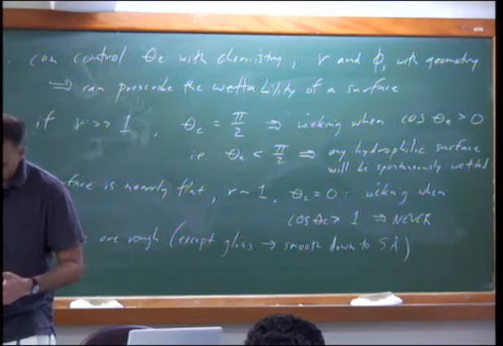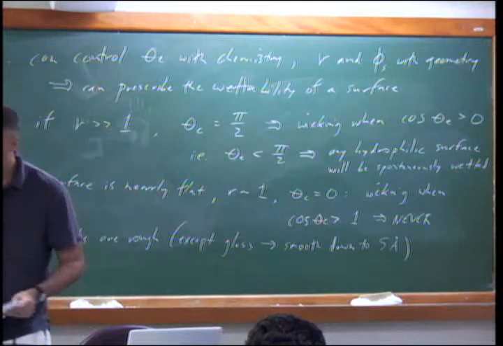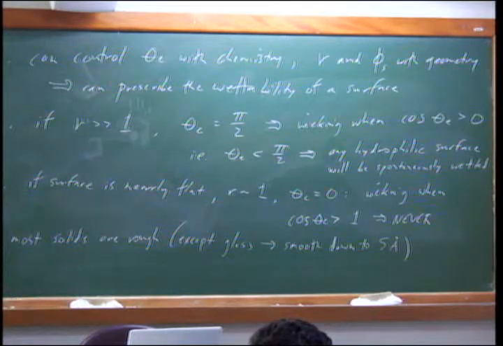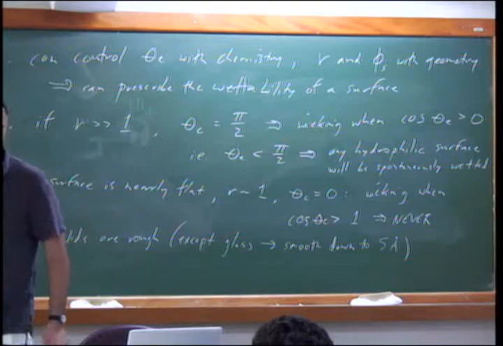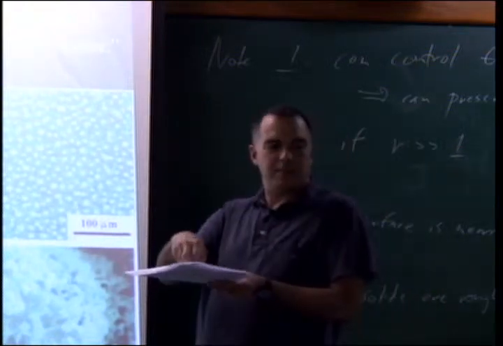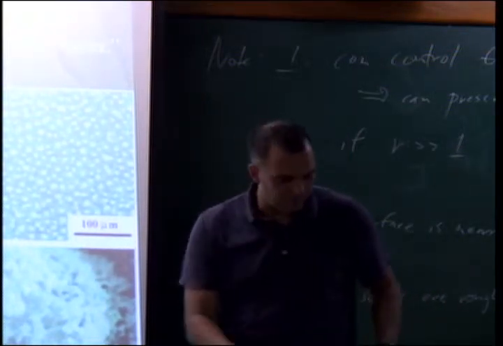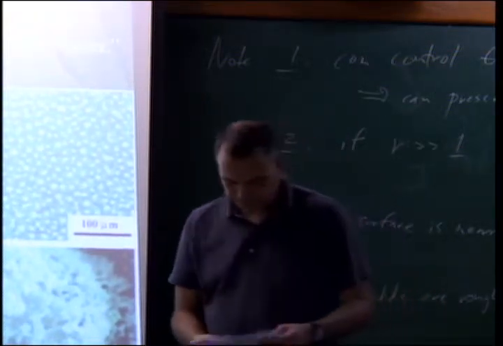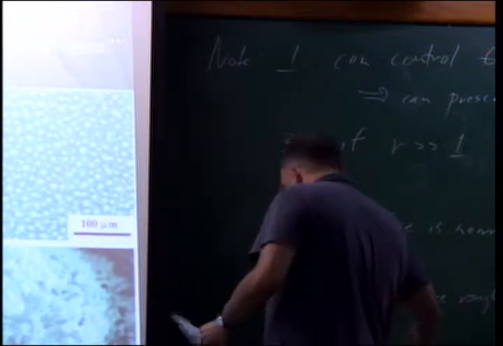Let's press on. So we now have a criteria for spontaneous wetting. See that there's another possibility, which is that the fluid really doesn't want to wet the solid. In the opposite case, in fact the case that we want for water repellency, the drop beads up and does not impregnate the roughness elements on the surface.